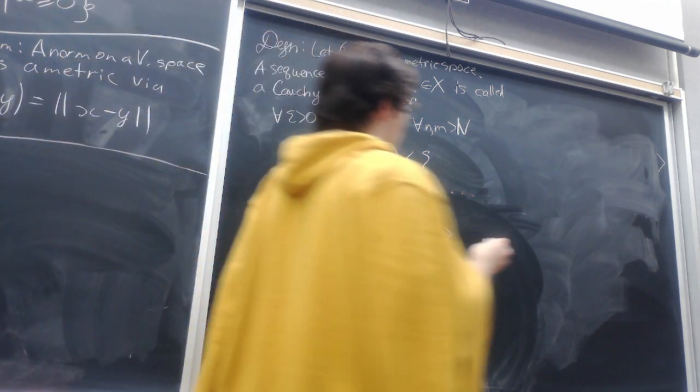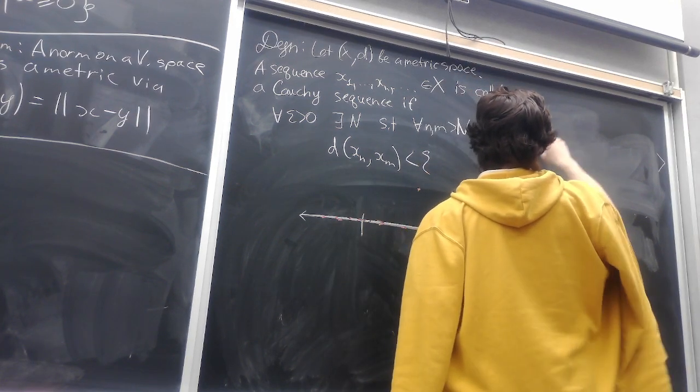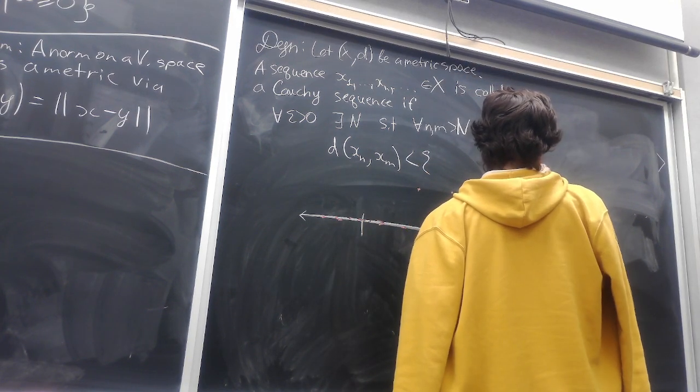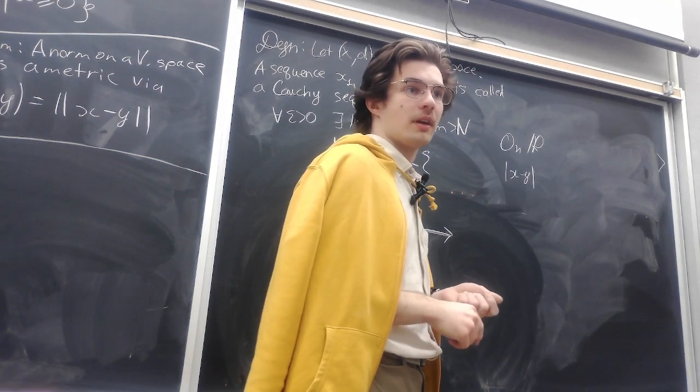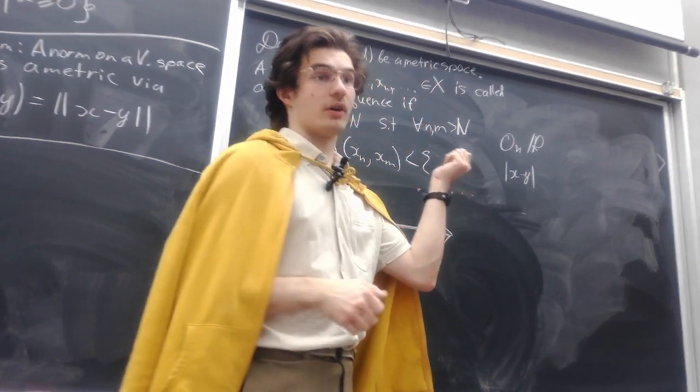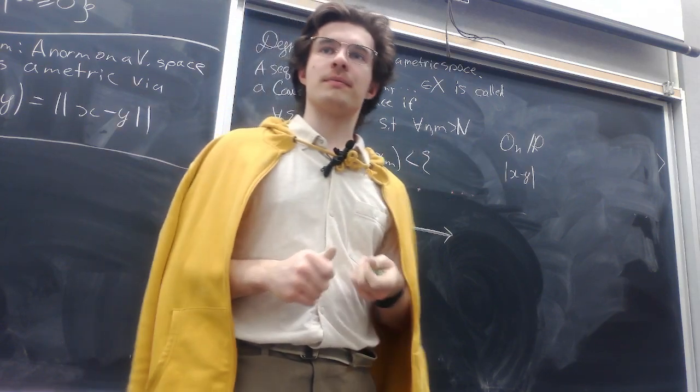Exactly. On R, the metric is the absolute value of x minus y. This is also a norm on R. R is also a vector space, so that's fine.